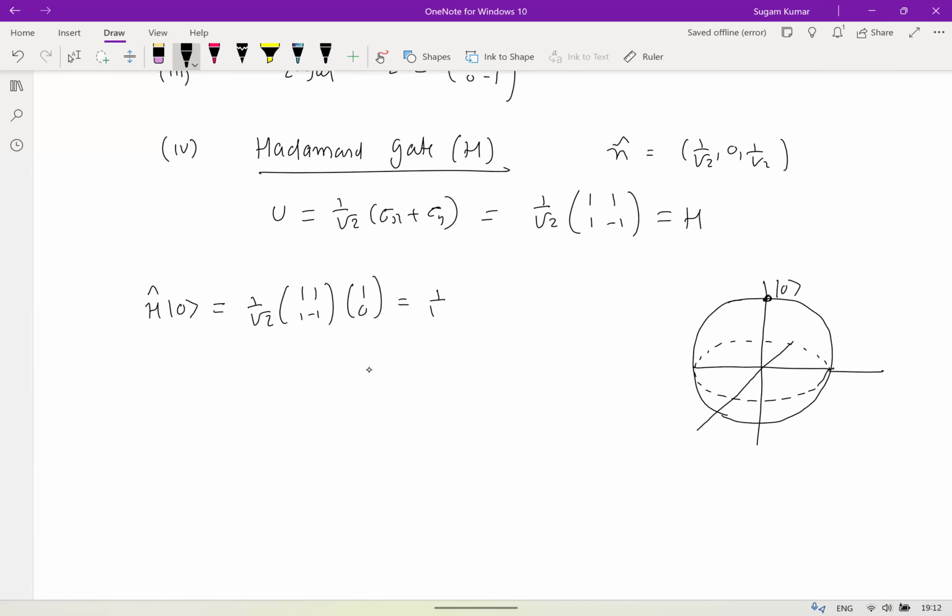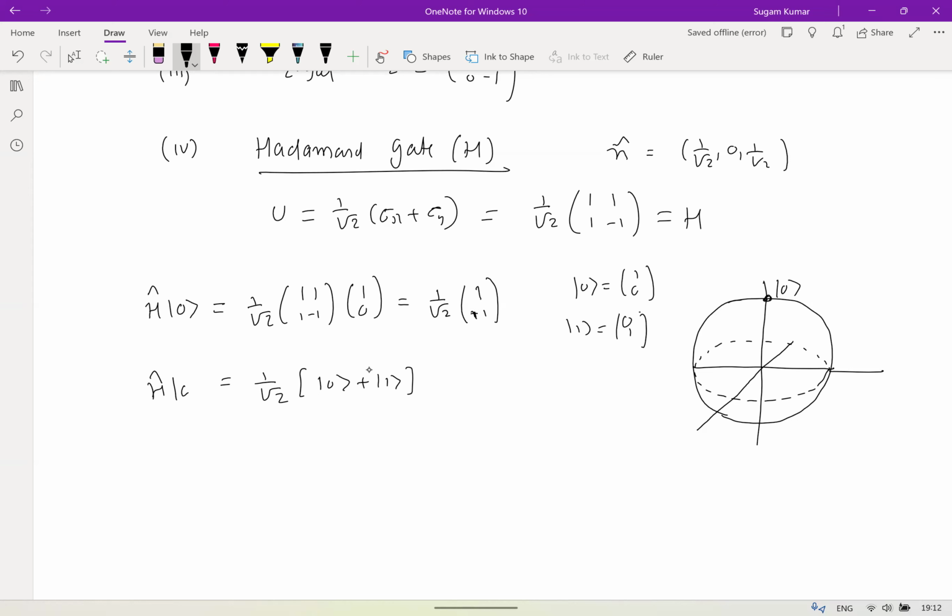This becomes 1 by root 2 times 1 and 1. This is also written as 1 by root 2 times 0 plus 1, because 0 is 1, 0 and 1 is 0, 1. It will be a plus. So this is what you are going to have.